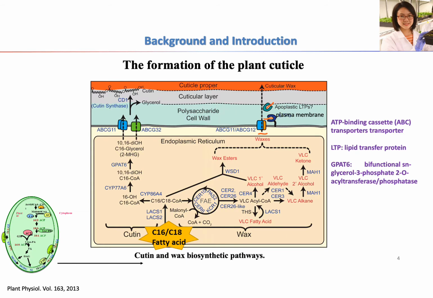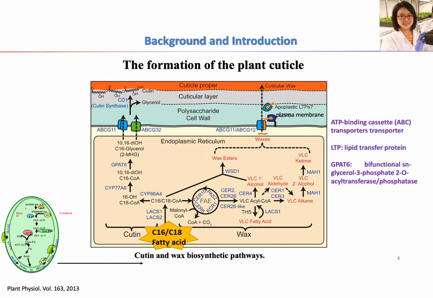With the development of genetic, molecular, and biochemical approaches, we have a better understanding of the components and mechanisms involved in cuticle biosynthesis. Cutin and wax biosynthesis both start from the carbon-16 and carbon-18 fatty acids in the plastid.